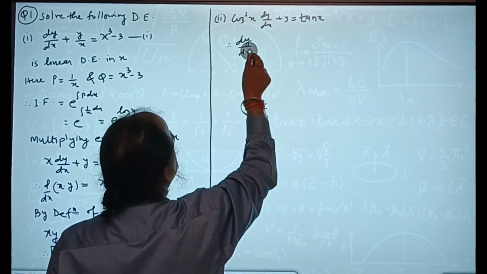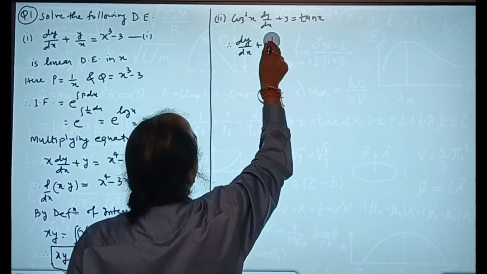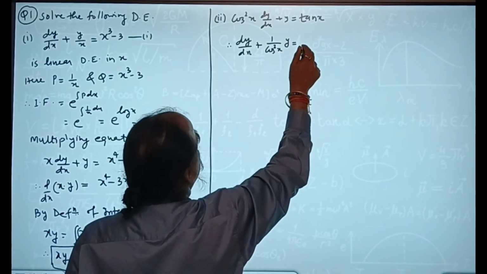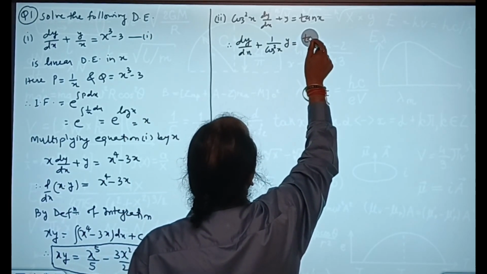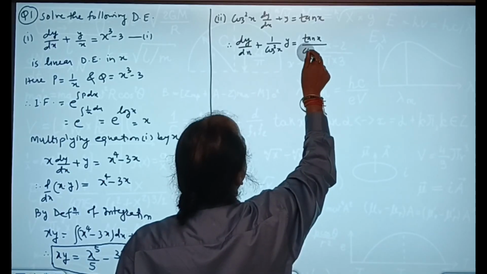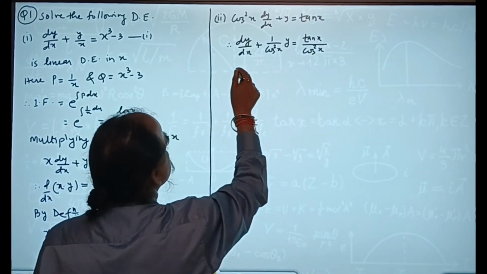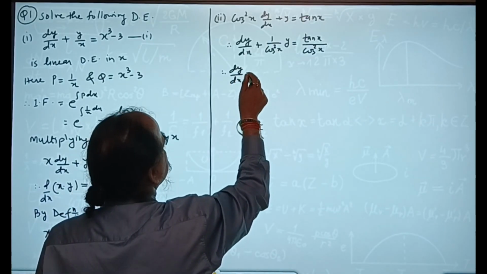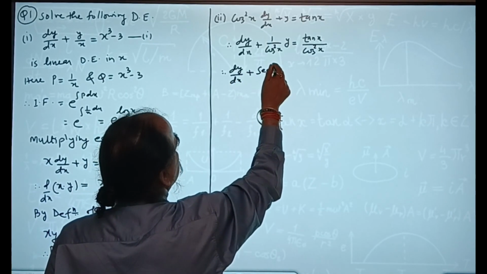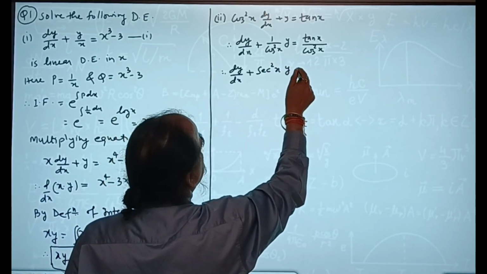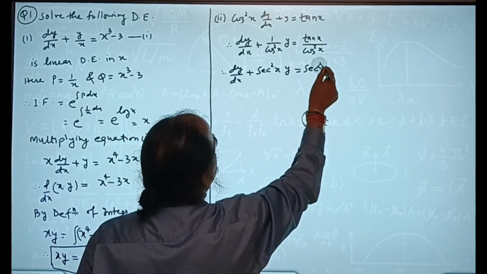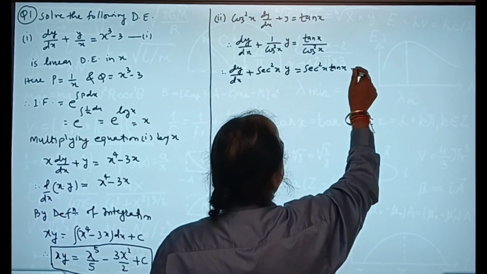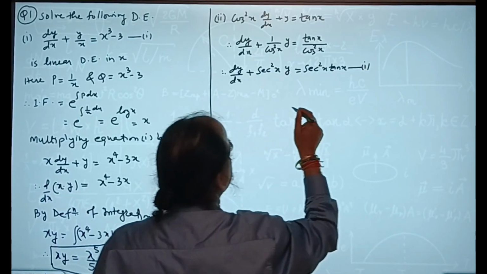So dy by dx plus y upon cos square x is equal to tan x upon cos square x, that is dy by dx plus sec square x y is equal to sec square x tan x. Write this as equation number 1.